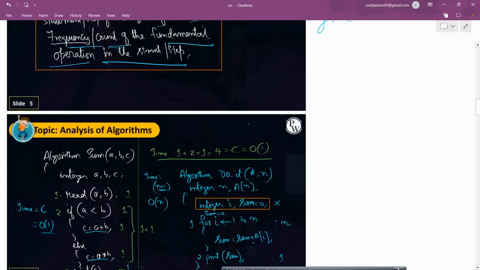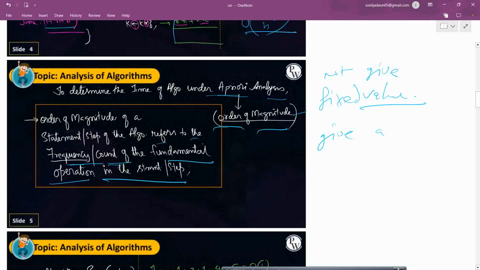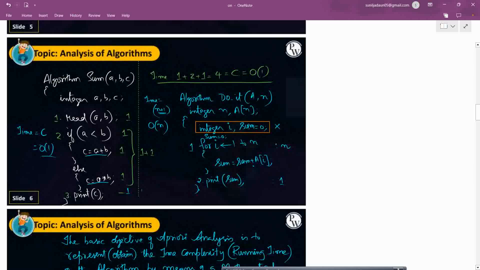So the order of magnitude refers to this. Then take algorithm sum of a, b, c. These are integers a, b, c. Read a, b. If a is less than b. This is a fundamental operation, read.